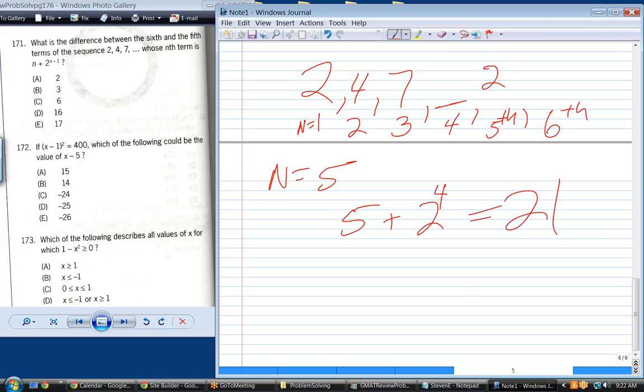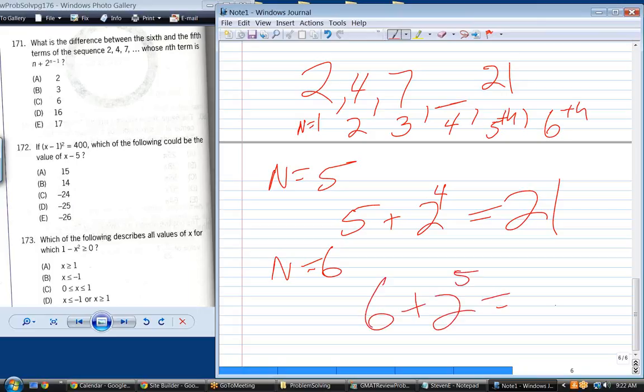So that's 21. What's the sixth term? 6 plus 2 to the fifth is 16 times 2, 32. 6 and 32. 2 to the fifth, yeah, 2 to the fifth is 32.